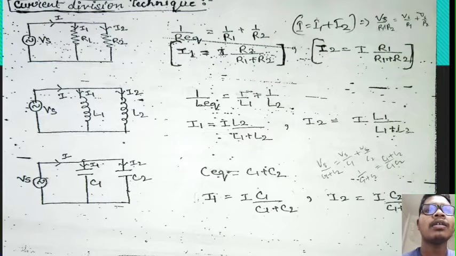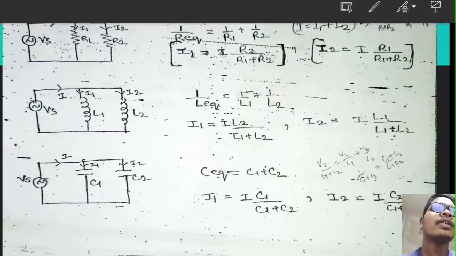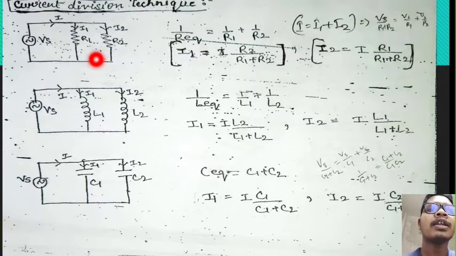Okay, see the current I flowing here is divided into two parts, in the resistance R1 and in the resistance R2. In the resistance R1, I1 amount of current will flow, and in the resistance R2, I2 amount of current will flow. So I1 plus I2 is equal to the total current I. If we want to find the current across the resistance R1, this is the formula: the total current into the opposite arm resistance.